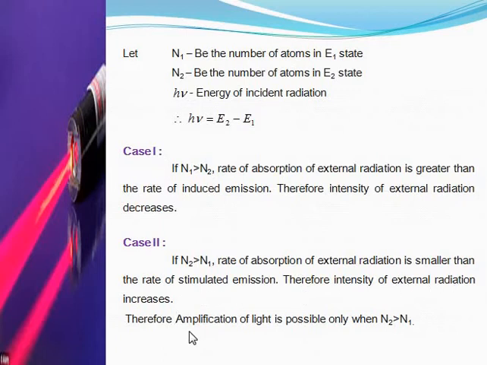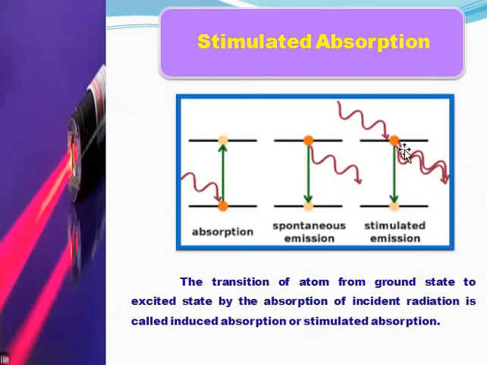So amplification of light is possible only when N2 is greater than N1. In the sense that when the number of atoms in the excited state is larger, induced emission is more. Also, the intensity of the light increases, that is, amplification of light occurs, which produces laser light.